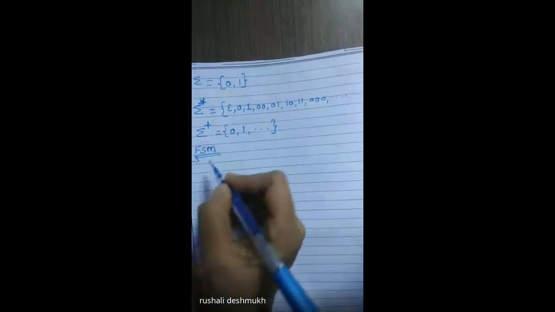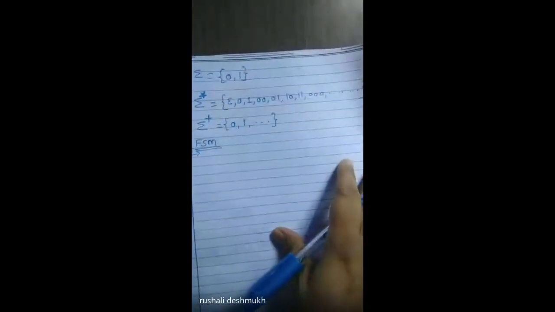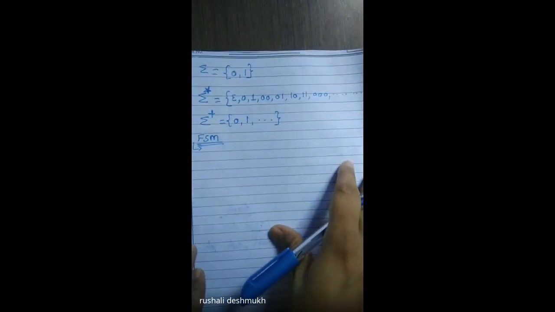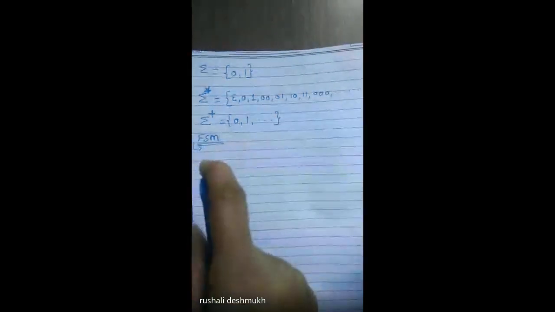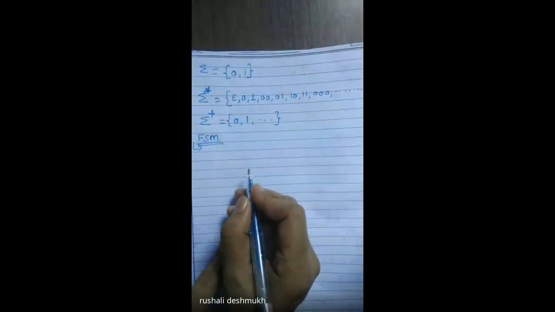So you can note down some points about the finite state machine. Are you noting down? Shall I repeat? Okay. A finite state machine is used for all programs that have a finite number of functions but do not have any memory for storing the intermediate results.